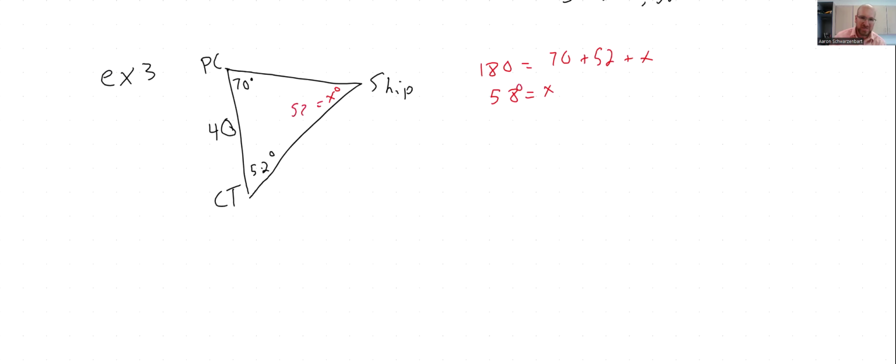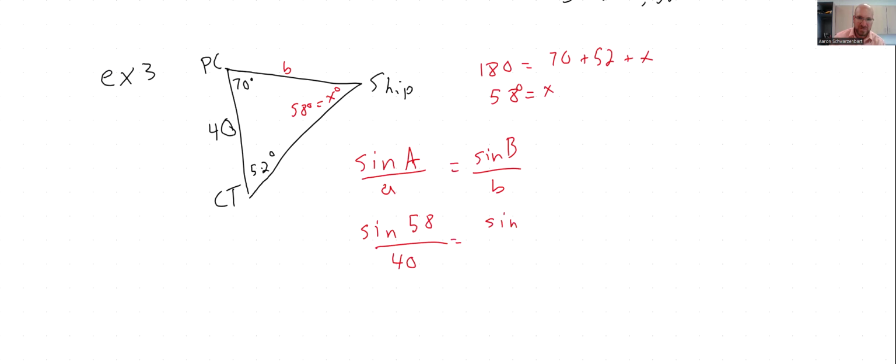Now I have the angle across from 40. With my law of sines, I must have an angle and a side that are across from each other. Let's find this one. That one feels like the shorter one, so I'm going to see if it'll work for that. So I'm going to do sine of 58 over 40 equals sine of 52 over, I labeled that side little b.